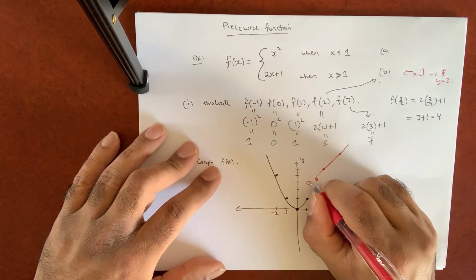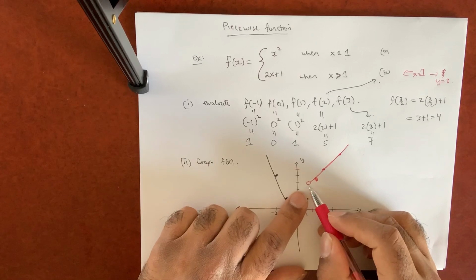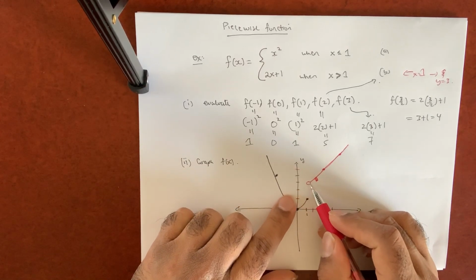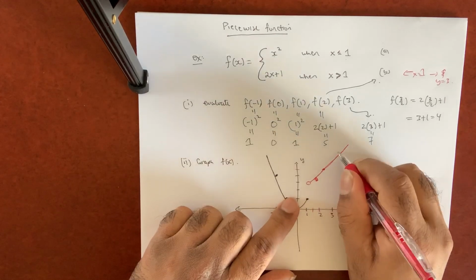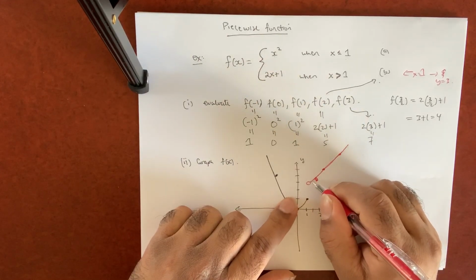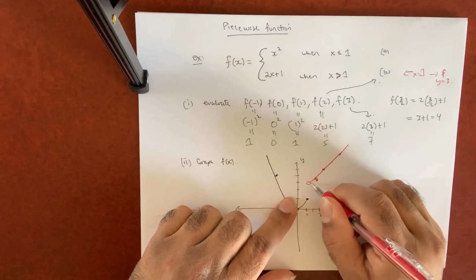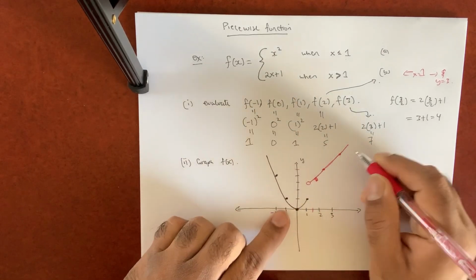But what I do is I say, okay, let me just leave a little open hole there, because that's the starting point of the rest of the graph. We just don't include that particular point. We include everything beyond that.